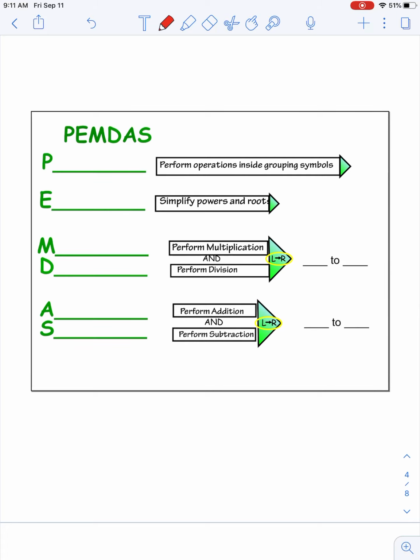Your P in PEMDAS stands for parentheses. And so that is all of your grouping symbols. Those are your parentheses, or they could be brackets. Then you're going to simplify powers and roots. Those are your exponents.